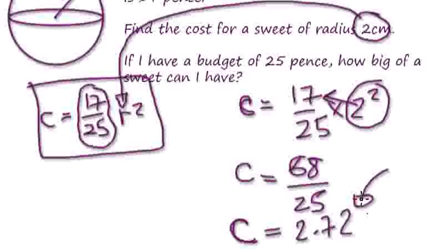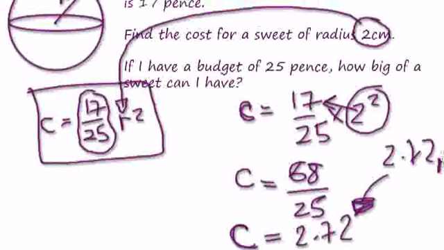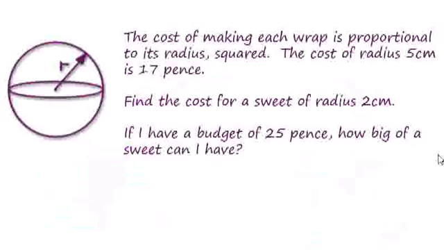So this is the cost of the wrap to cover a sweet of radius 2 centimeters. It will cost 2.72 pence.